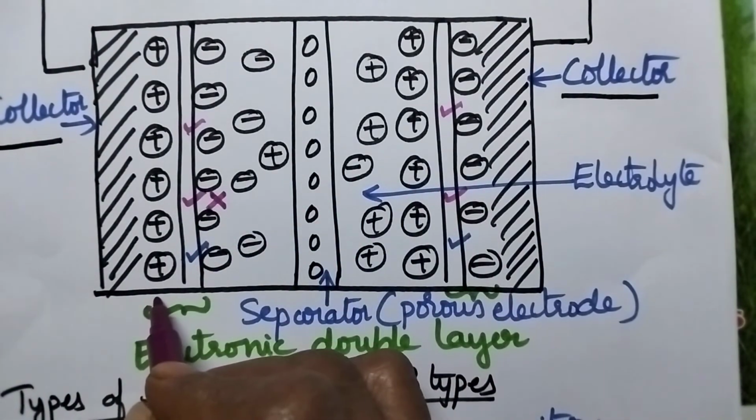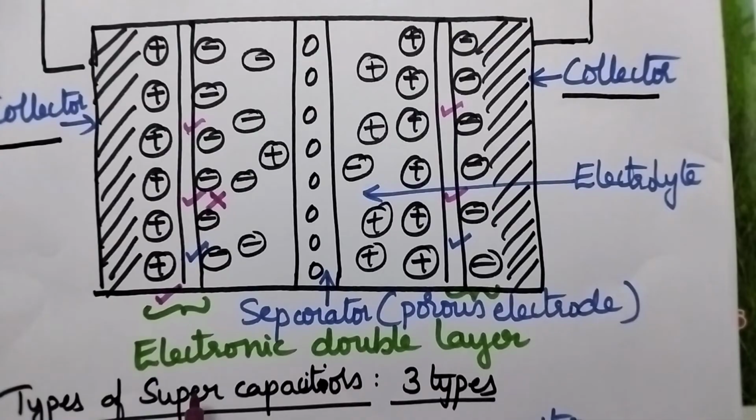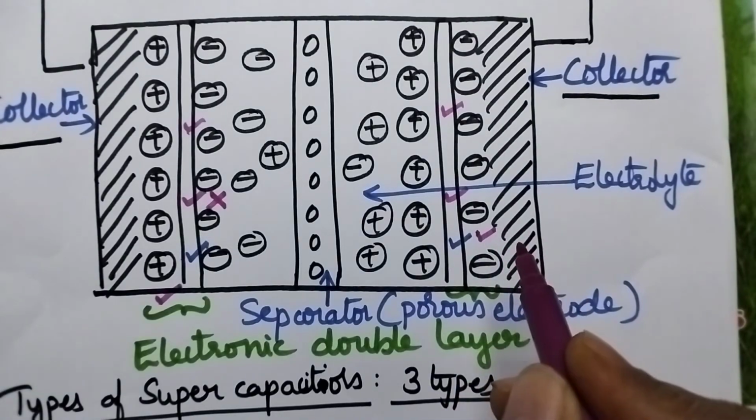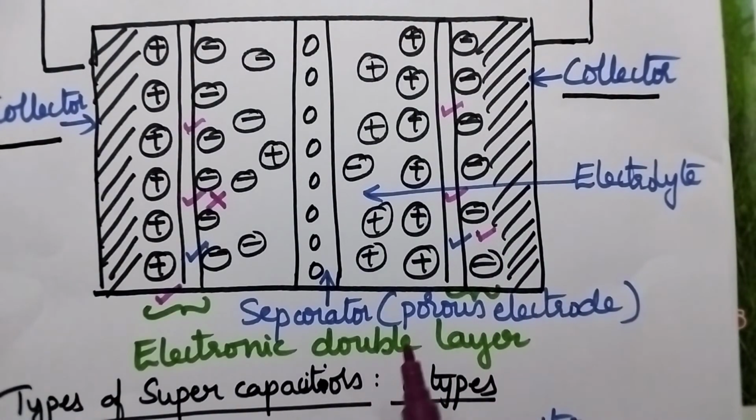At one electrode an electronic double layer is created, and at the other electrode a redox reaction takes place. Hence at one electrode the energy is stored electrostatically, and at the other electrode the energy is stored electrochemically.